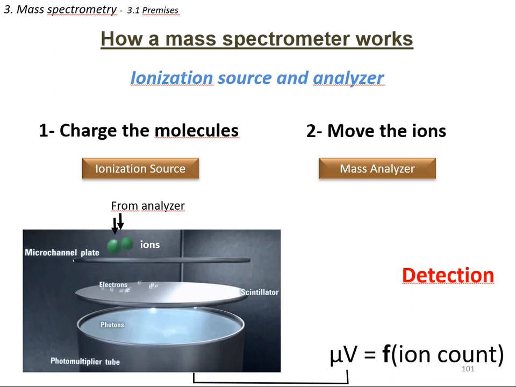So the ions here will bump into a plate, and this plate will generate electrons, that will generate photons, that will generate electrons. And in the end, you have a microcurrent in microvolts, which is proportional to the number of ions that are bumping into the plate. So this is giving you the intensity of the signal, which is the quantity of the molecules, the quantity of the ions.